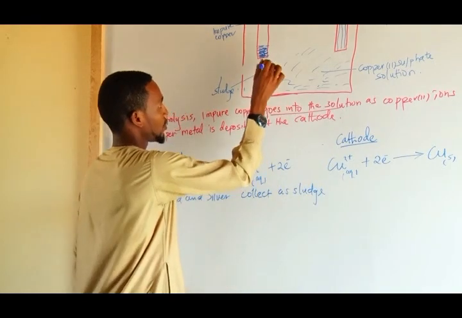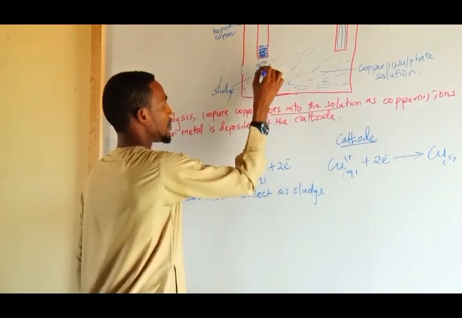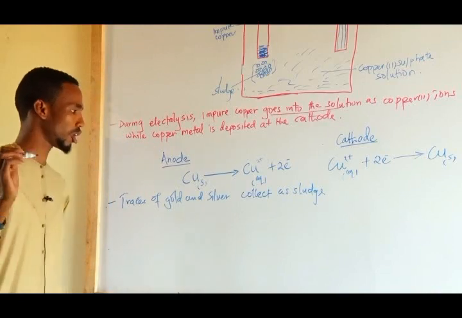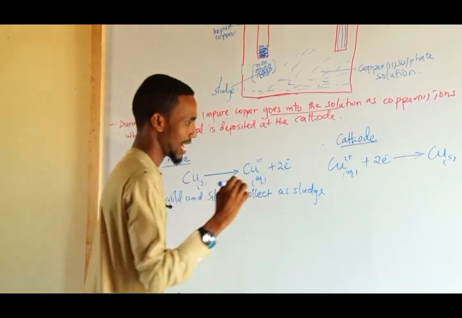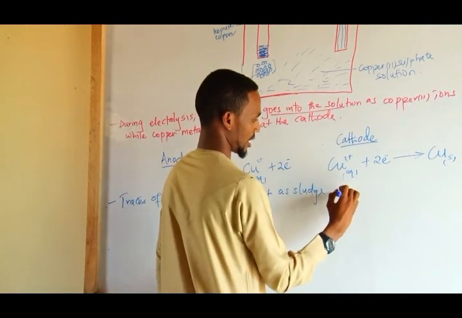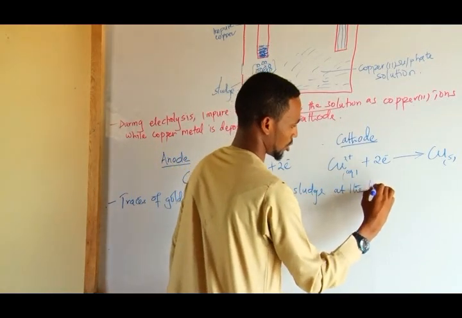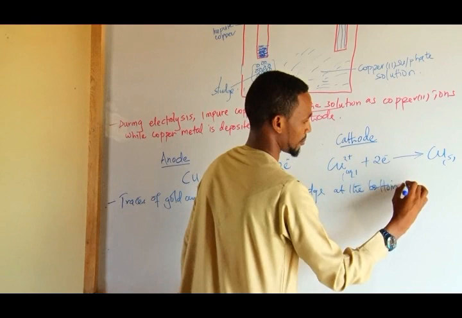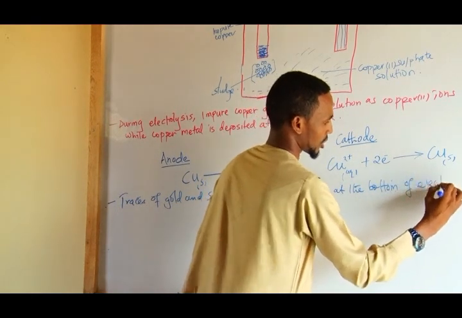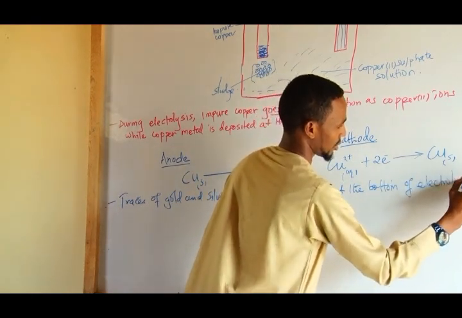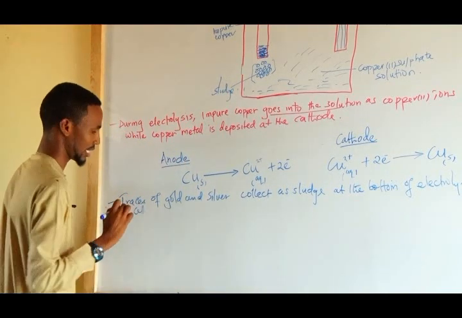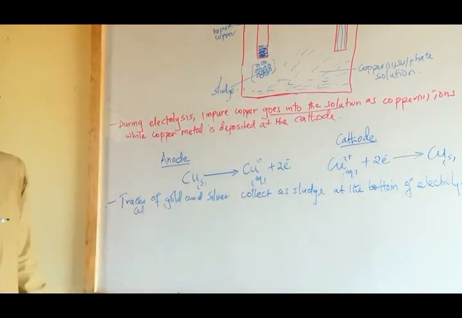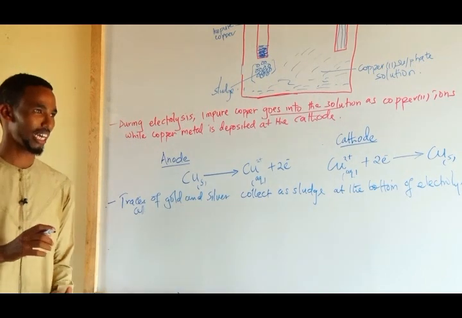These ones now are the minor impurities of gold and the silver, which is collected as a sludge at the bottom of the electrolytic cell.